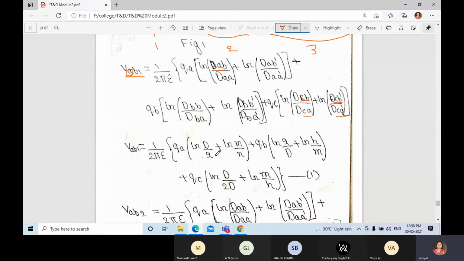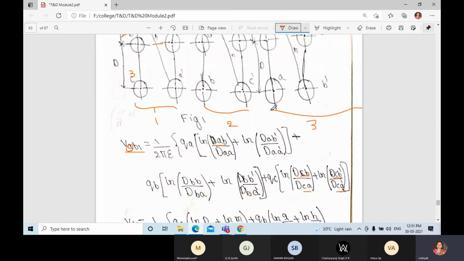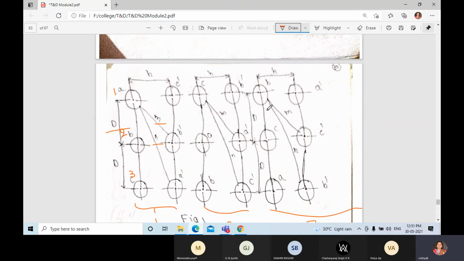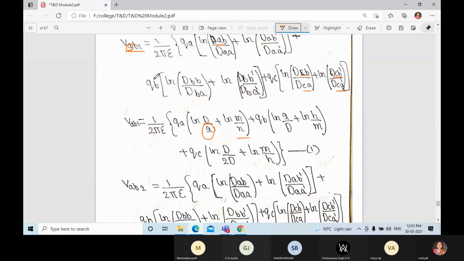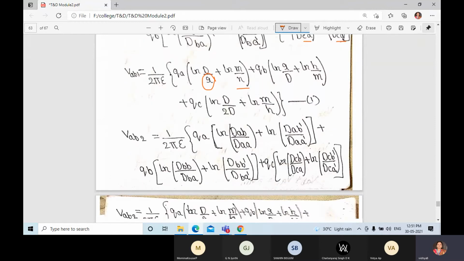DAA is nothing but R, DAB dash is M, and DAA dash is N. Plus QB ln R by D plus ln H by M. B to B dash is nothing but H. Then ln D divided by 2D plus ln M divided by H.